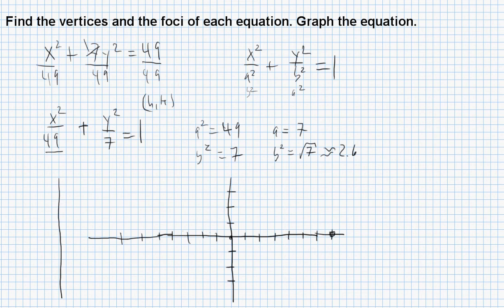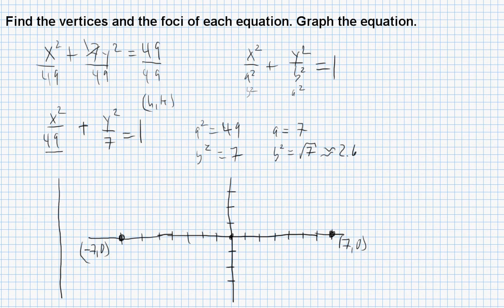So this is going to be one vertex on the major axis and this is the other vertex, because it's 7 units over. We can label those right off: that's 7, 0, and this is -7, 0.